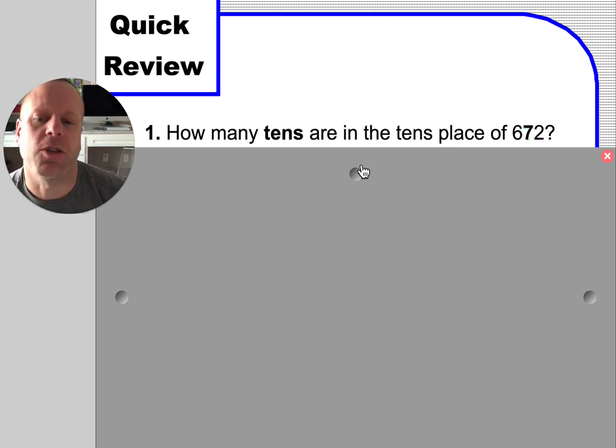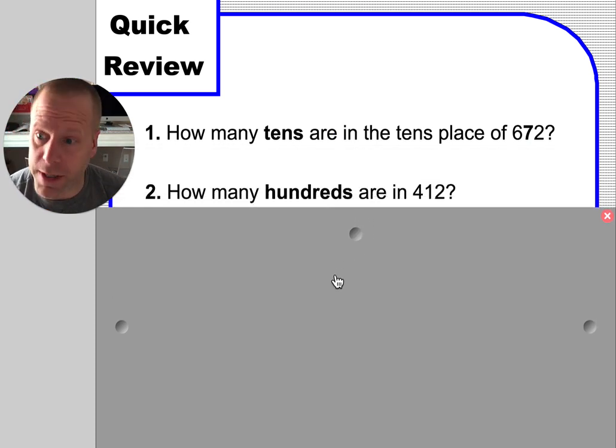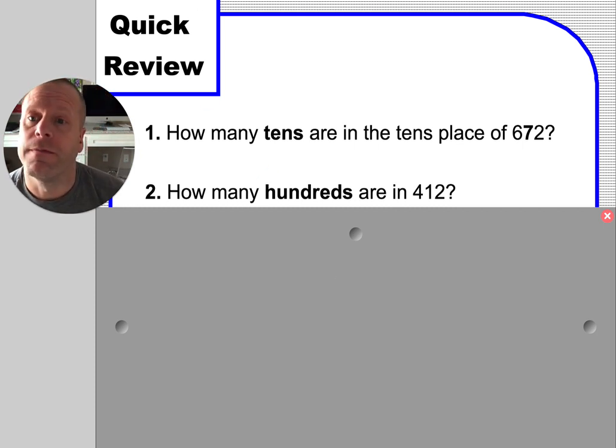All right, let's try the next one. Number 2. How many hundreds are in the number 412? Well, I made this one a little bit harder for you because it's in a little bit trickier of a place. The hundreds place is the third digit in. It's also not dark.